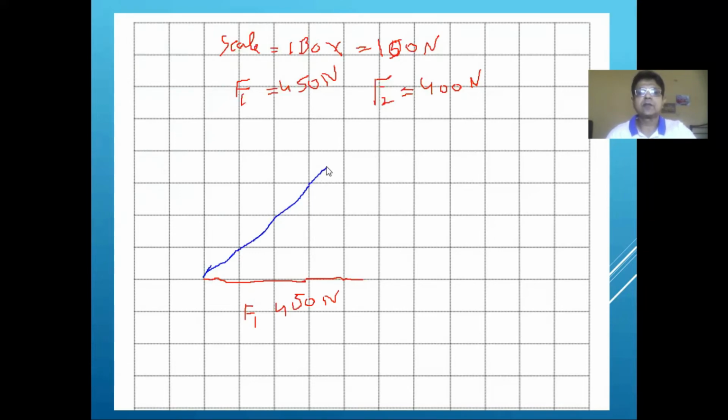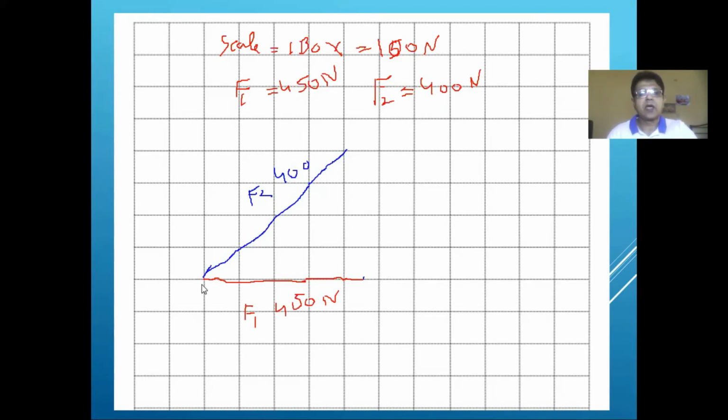So this is 400 Newton. Okay, this is my F2, which is 400 Newton.